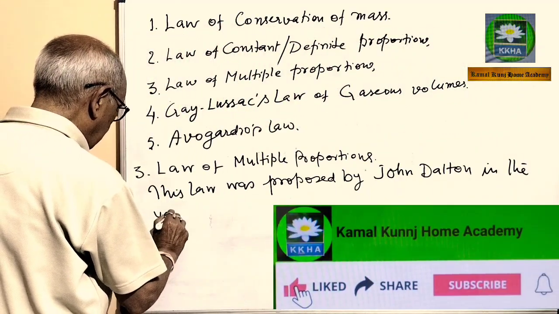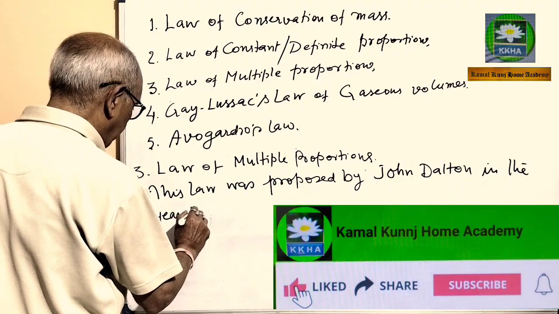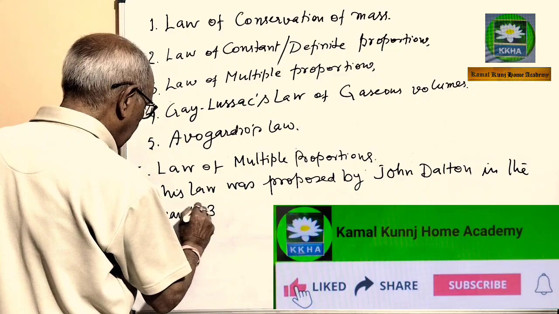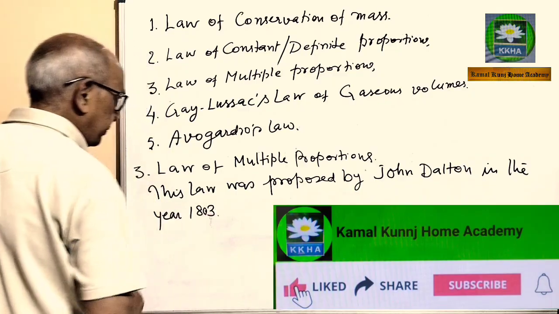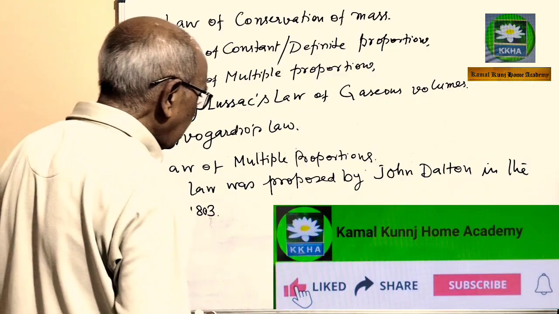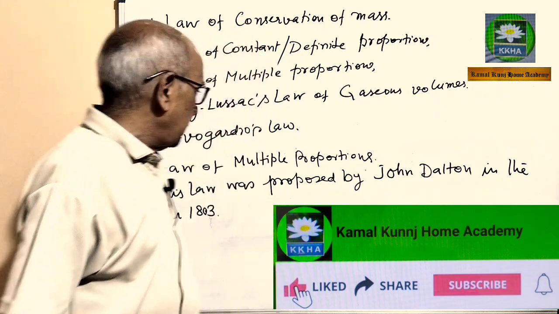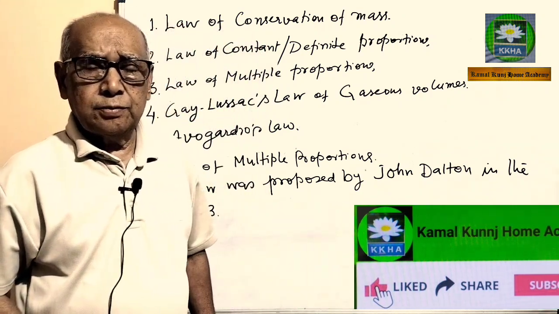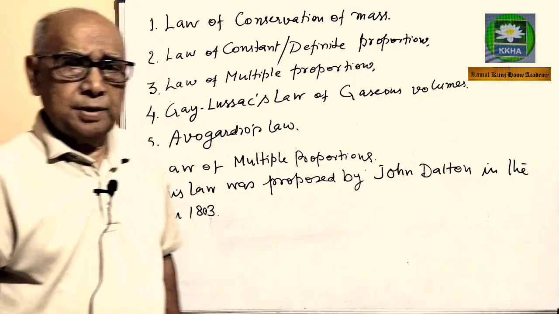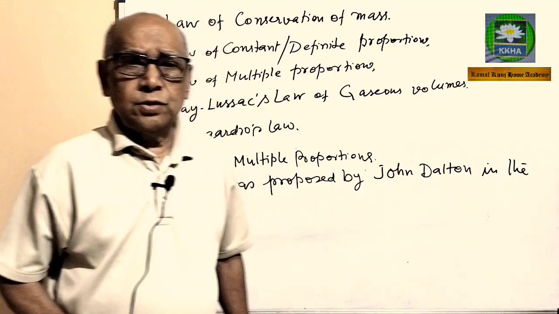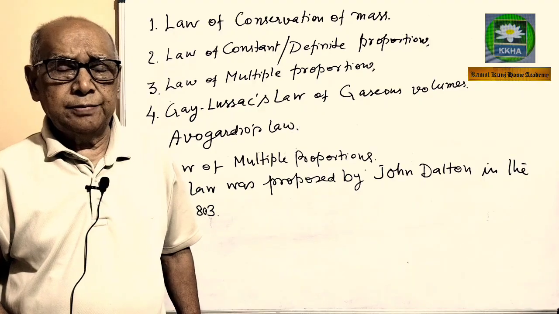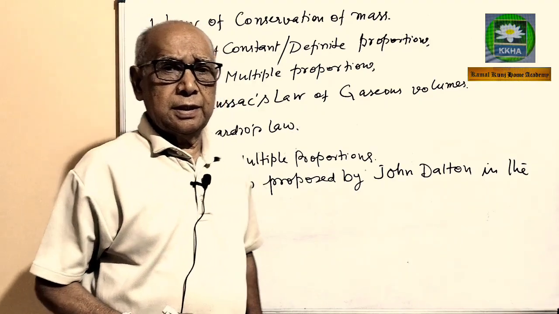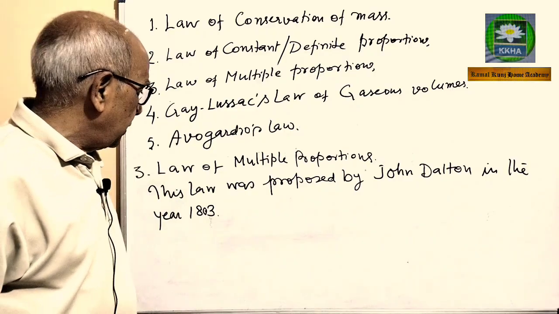According to this law, if two elements combine together to form more than one compound, then the ratio of the masses of one element which combines with a constant mass of the other element are in simple whole number ratio.